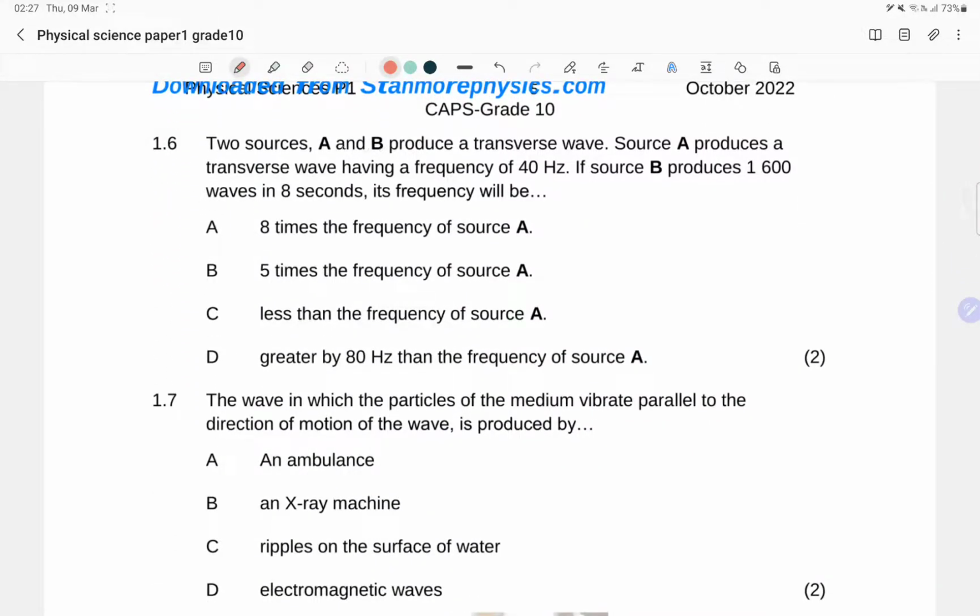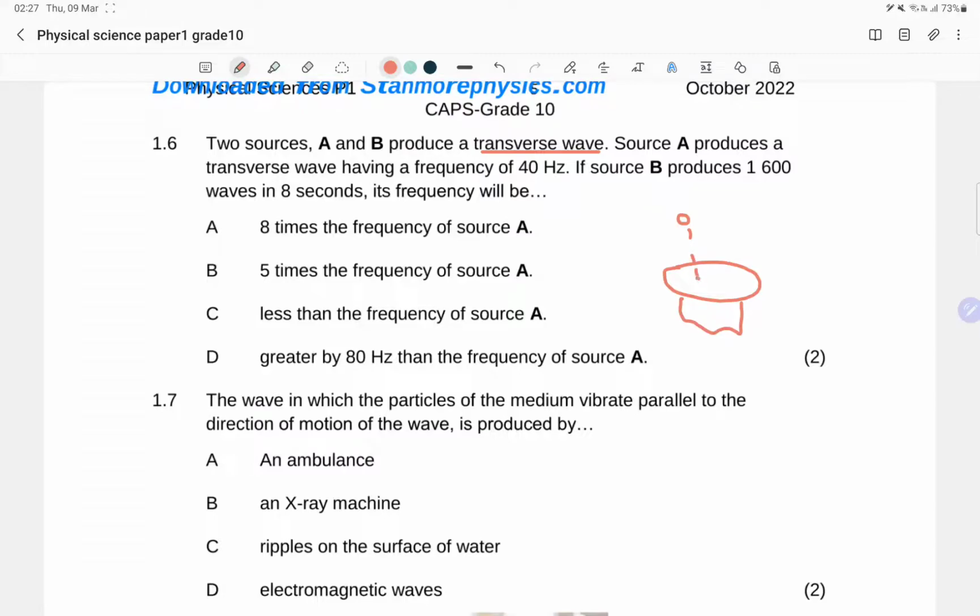Now two sources, A and B, produce a transverse wave, okay? Do you know the difference between a transverse wave and a longitudinal wave? Basically, the disturbance in a transverse wave is perpendicular to the direction of the pulse, okay? Meaning if you're dropping a stone into a dam, maybe let's say there's water here.